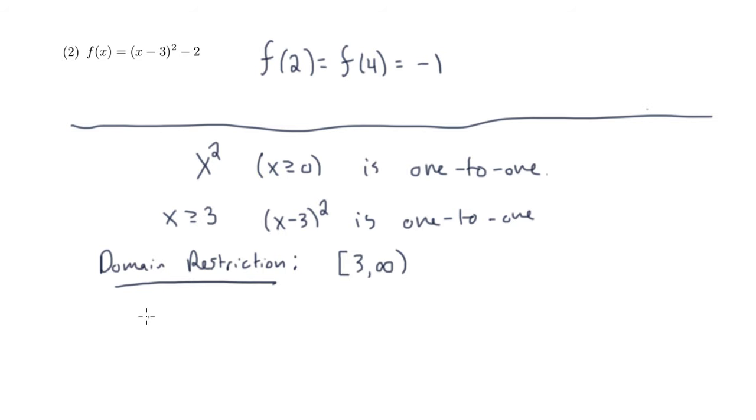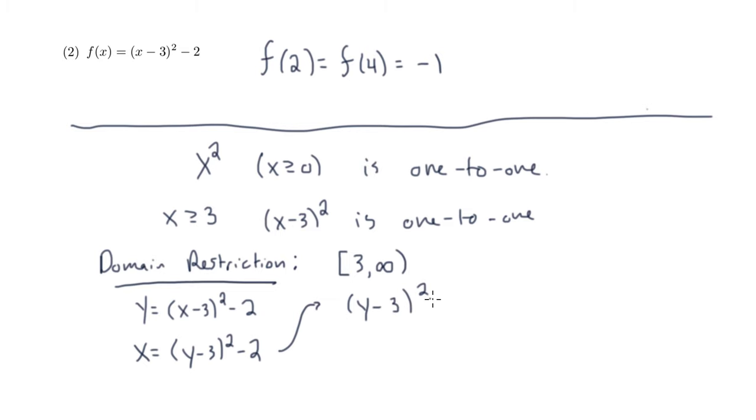And so remember that we do that by saying, okay, well, my output y is given by x minus 3 squared minus 2, and I'm just going to switch the input and the output and solve for the new output. So I'm going to add 2, so I'll have y minus 3 squared is equal to x plus 2.